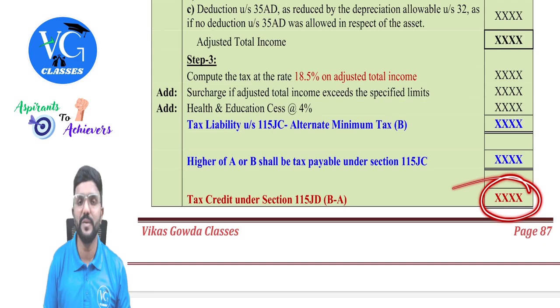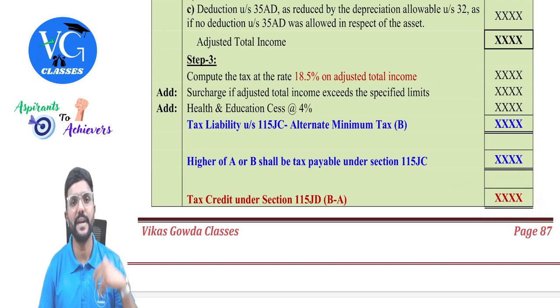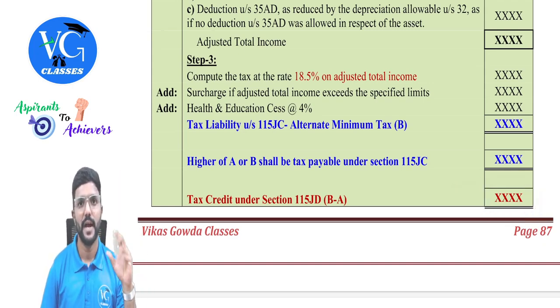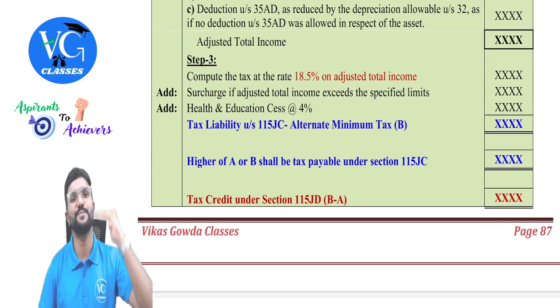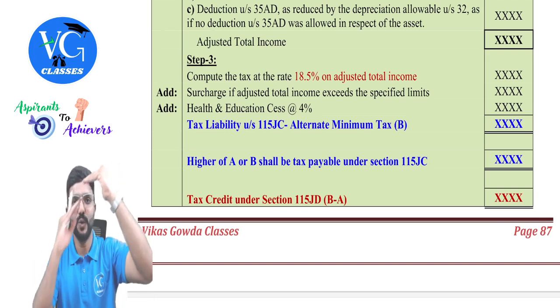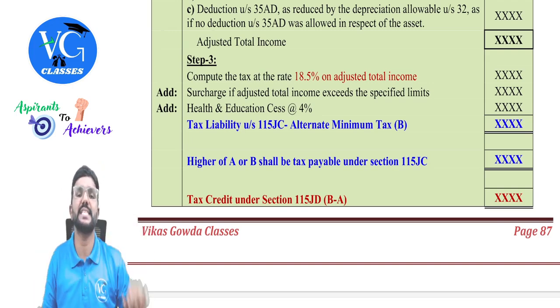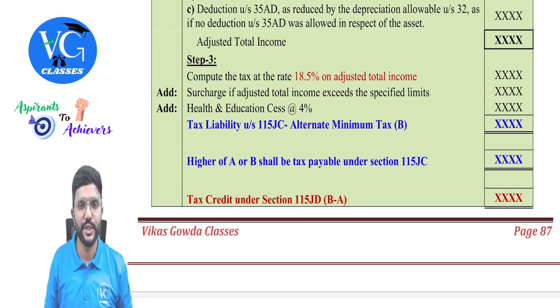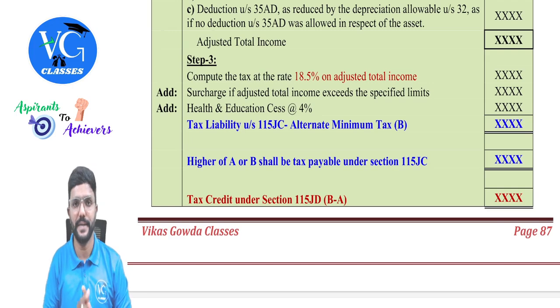He can carry it forward to the next 15 years, and whenever the tax as per normal provision is more than AMT, to the extent of the difference, he can adjust the credit. I will take care of the AMT credit later.